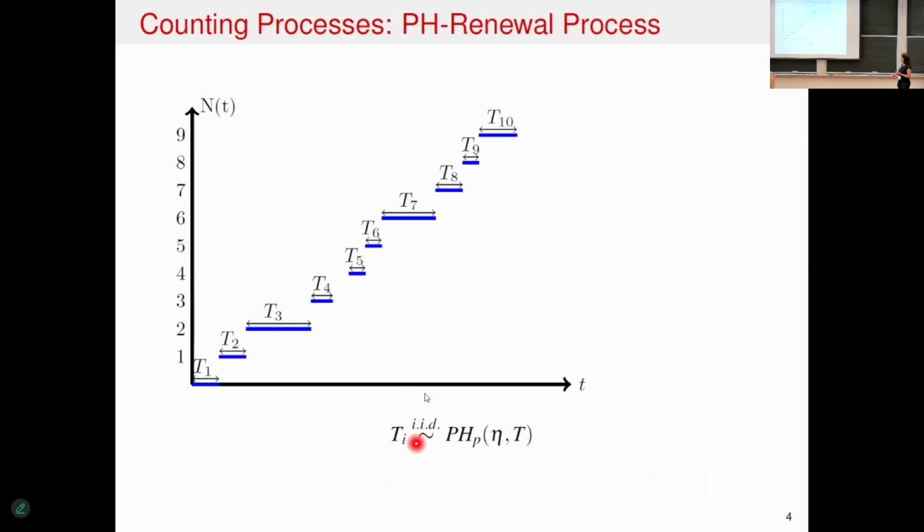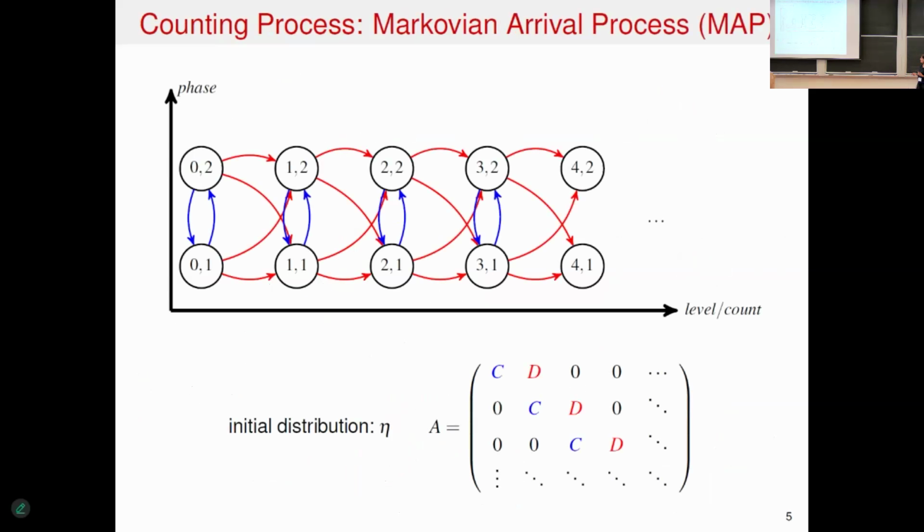Now, if instead of considering independence between interarrival times, I consider that they are dependent on each other, I can introduce the Markovian arrival processes. So here I show a different diagram for showing a Markovian arrival process. For the case that I have 2 phases, the vertical line shows the level, or the number of arrivals, and the horizontal one shows the phase. So here we have phase 1 and then phase 2.